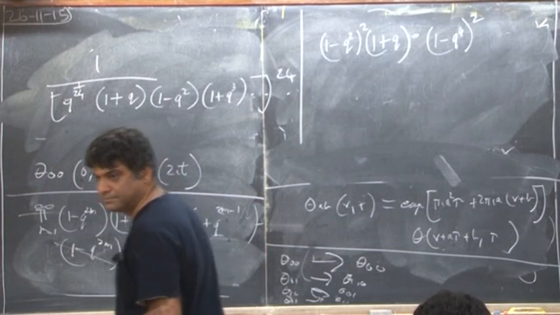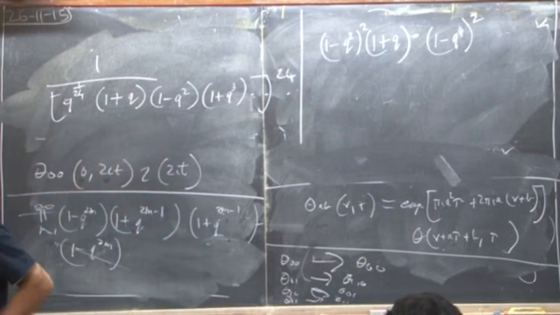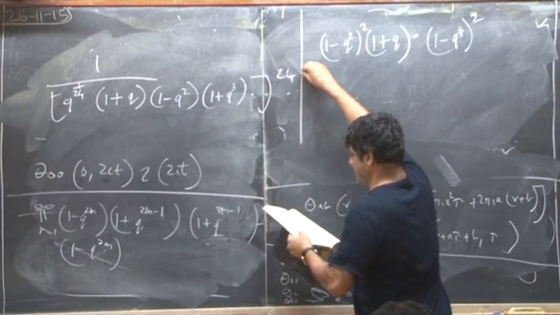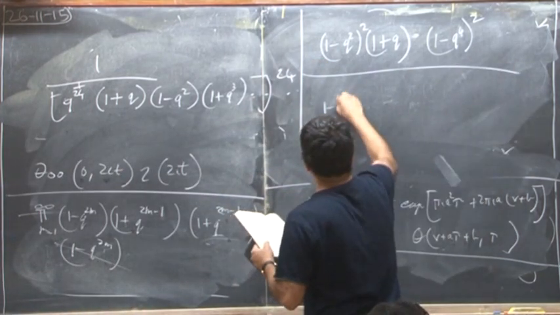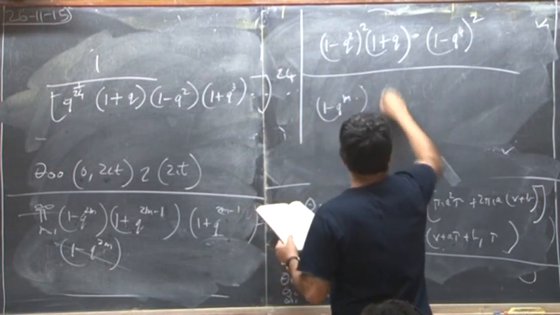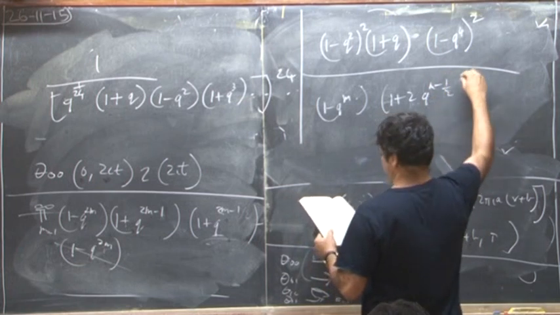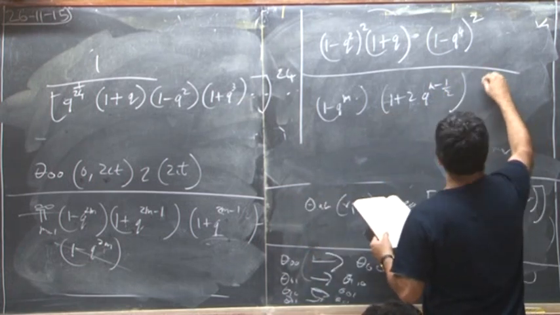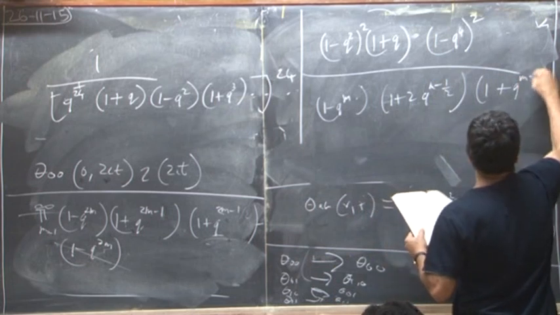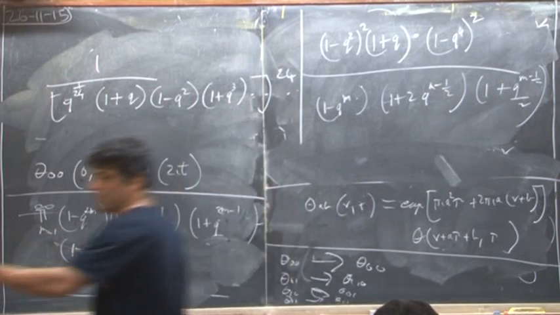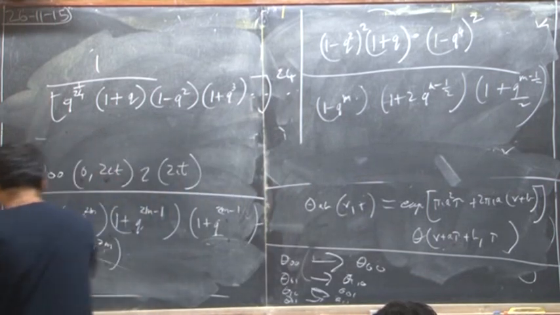Both of them were q to the m minus half. Let me just write down the definition. I'm sorry, I just copied it. It was 1 minus q to the power n, 1 plus z q to the power m minus half, 1 plus q to the power m minus half over z. That was right. So these two terms are just the same.